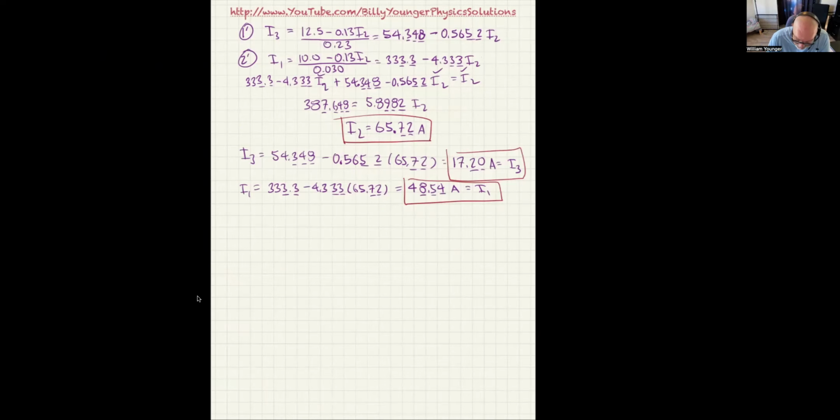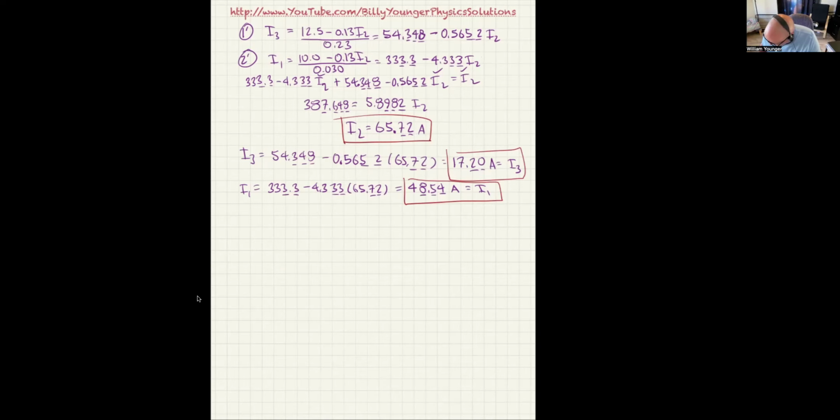The 54.38 was also only good to the ones place, so it's basically the same thing. We can only express this to the ones place, and in fact it's going to be 54 minus 37, which is how we get the 17.20 without the 2 or the 0 being significant.